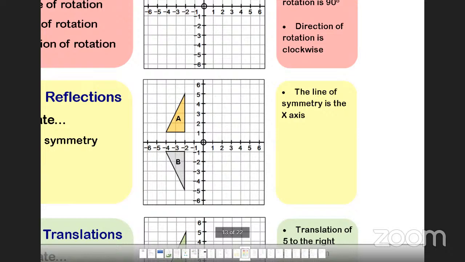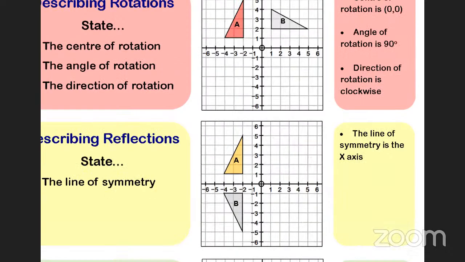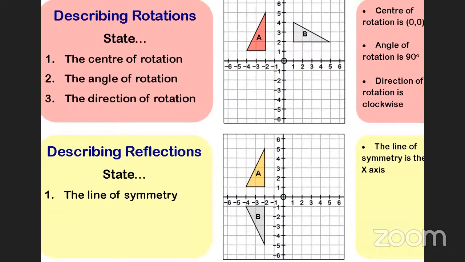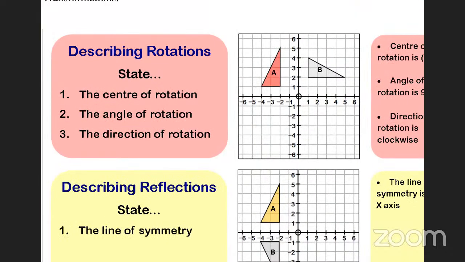Okay, nice. Let's go through. So basically, to identify a reflection, we need a mirror line. A rotation now, what do we need? For a rotation, we need the center of rotation, the angle of rotation, and the direction. For example here, A is rotated to B. What direction?